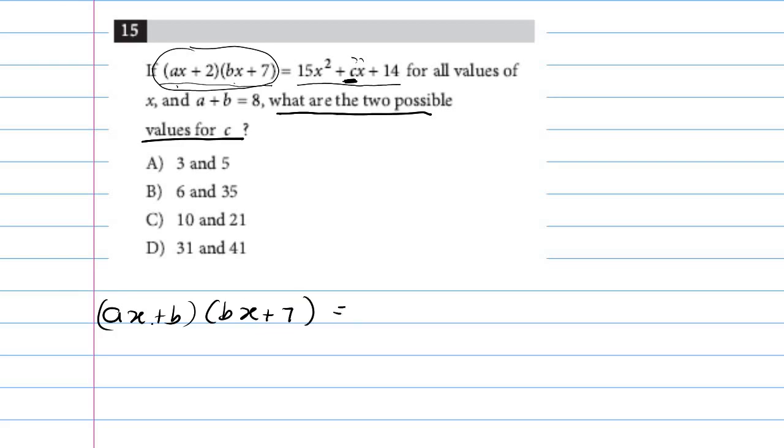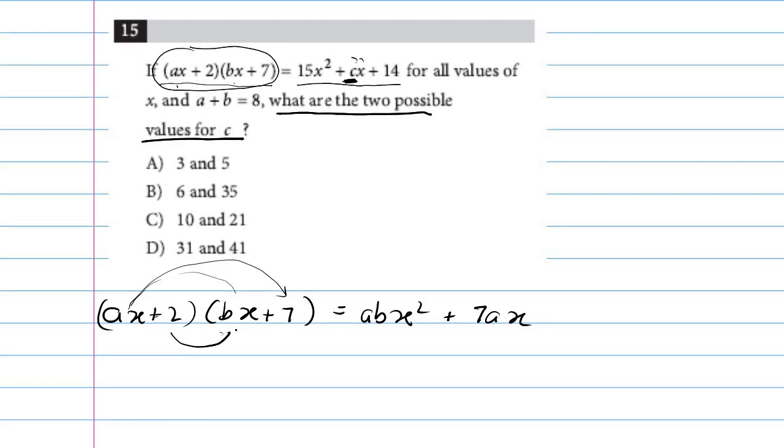So let's distribute that. You multiply these two, you get a times b x squared. Fine. You multiply this and this, you get 7a times x. You have ax times 7, that is 7a. Then you distribute this over here. Oh, wait a minute, this should have been 2 here. Sorry, my bad.